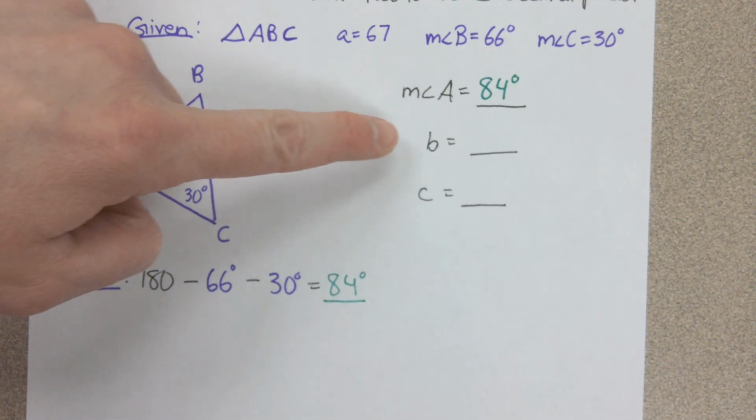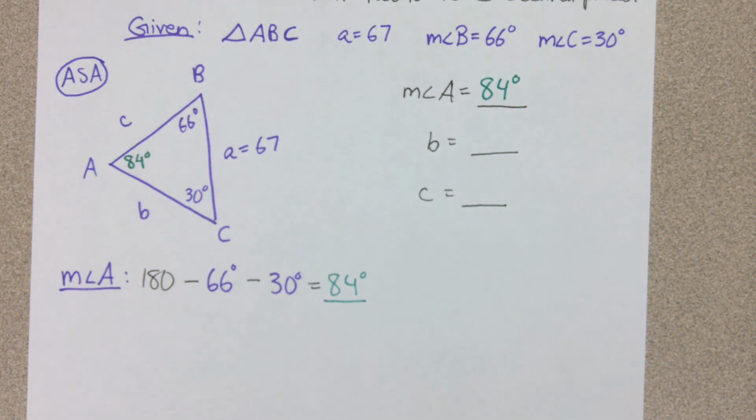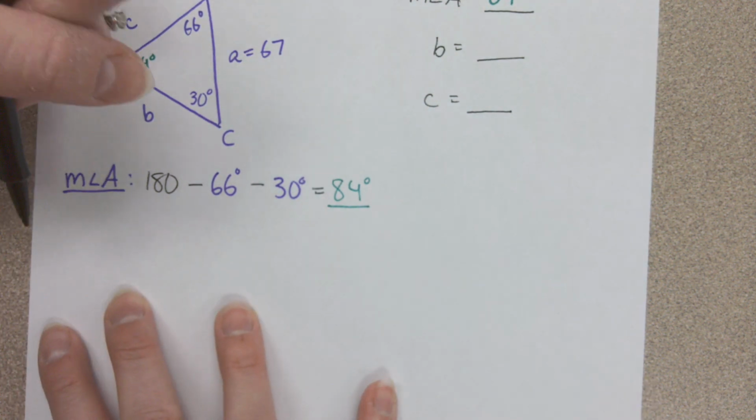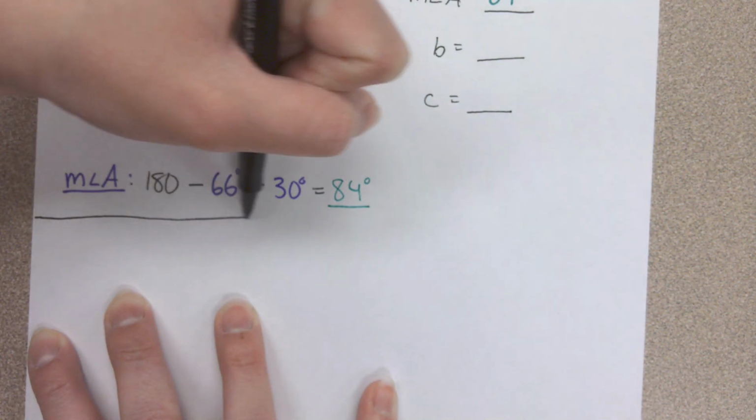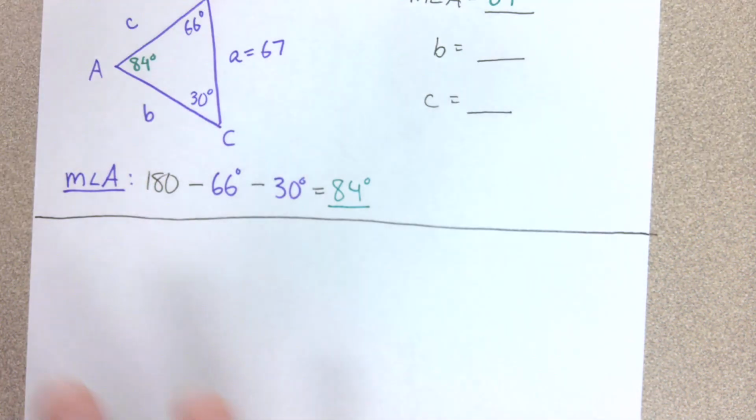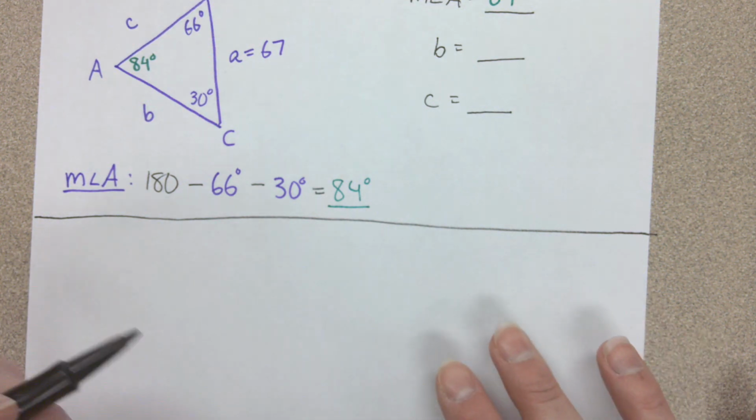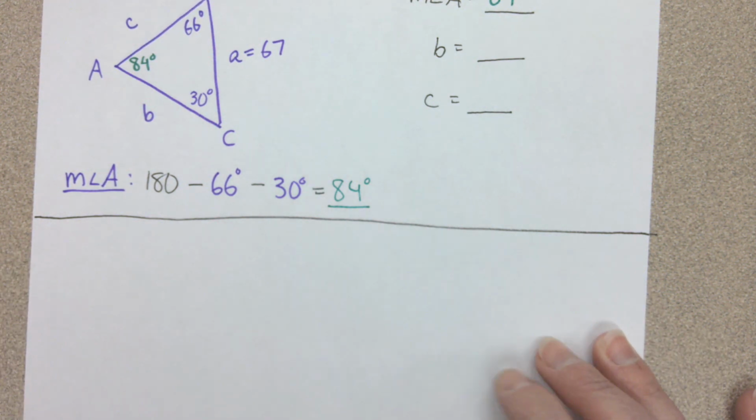From here, you can solve for B or C in either order. It does not matter. I always go alphabetical order. It's just a consistent way for me to stick to. So I will go with B next. And this is going to take up a bit of space on the paper. I'm going to split this section in half down here because I'm going to have work for B and then work for C next to it.